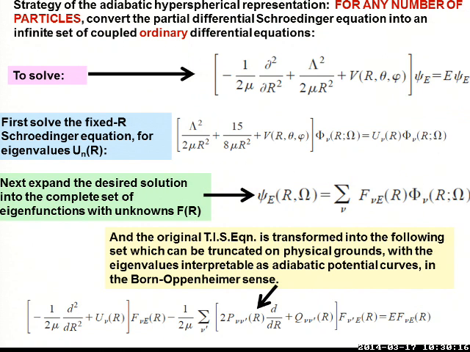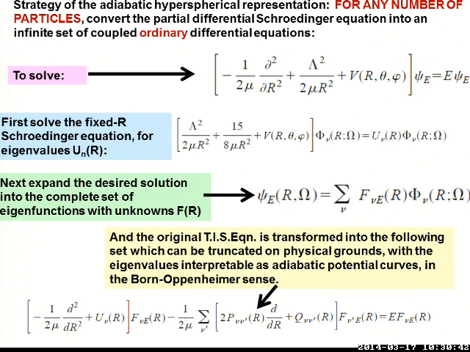So I wanted to just start. A lot of you know the basic way we've been approaching these methods in recent years using the hyperspherical picture, but for those of you who might not know, I would go through it briefly. The idea is that we're solving a partial differential equation in 3n minus 3 dimensions.